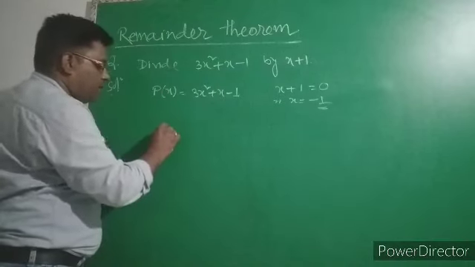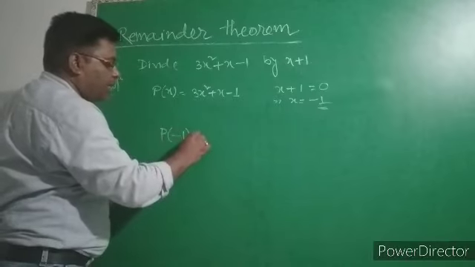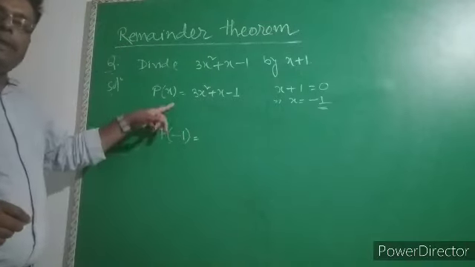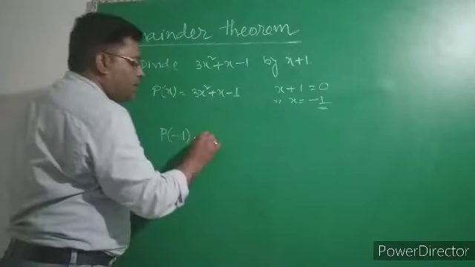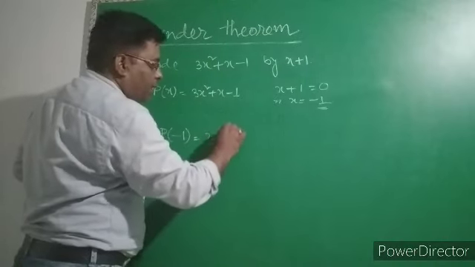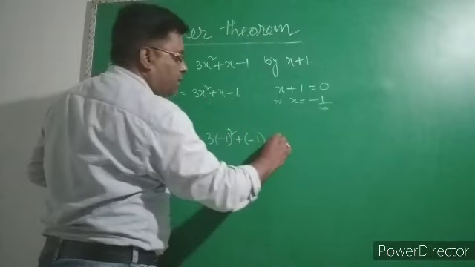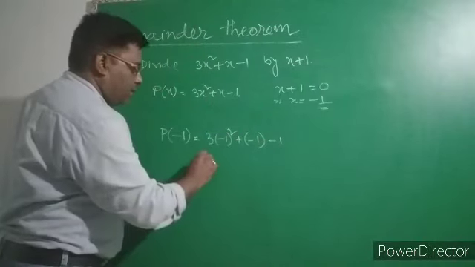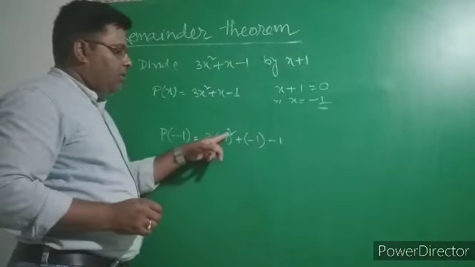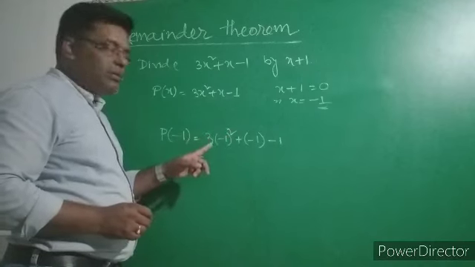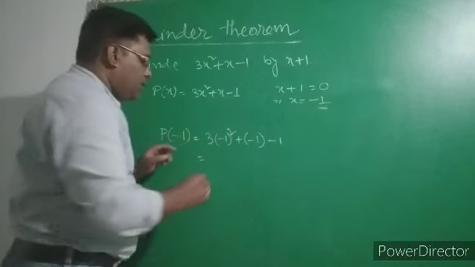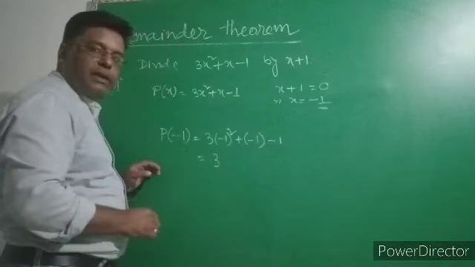So what happens? P of minus 1. If we replace x by minus 1, then we get 3 into minus 1 square plus, again in place of x minus 1, that is minus 1. Minus 1 square is plus 1, and 3 into 1 is 3.